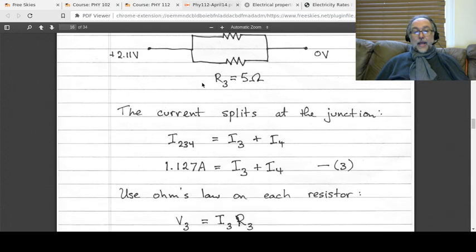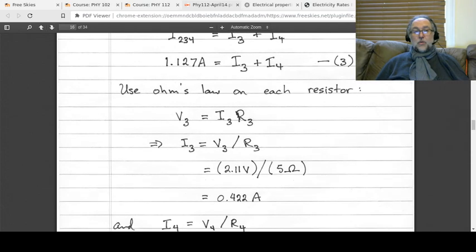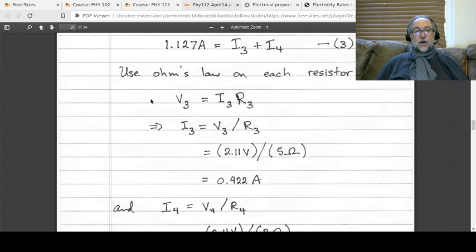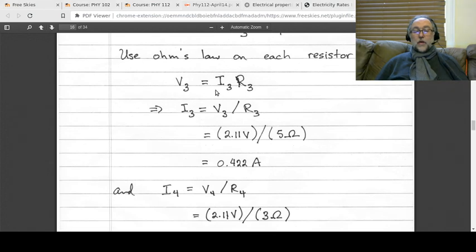Okay, and we apply Ohm's law, and you just say, well, what don't I know? You know the resistance, you know the voltage drop across both of them, but you don't know the individual currents through each one of them, so that's what you calculate. So you use Ohm's law, which is V is equal to IR, but apply it to resistance 3.